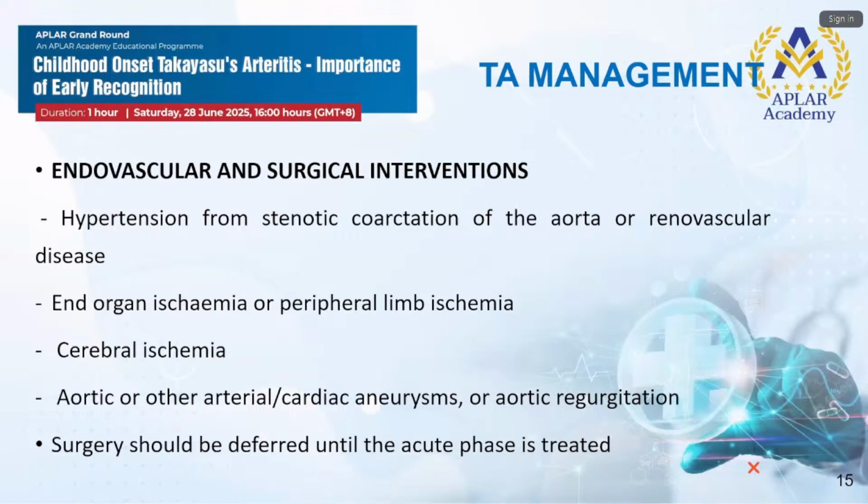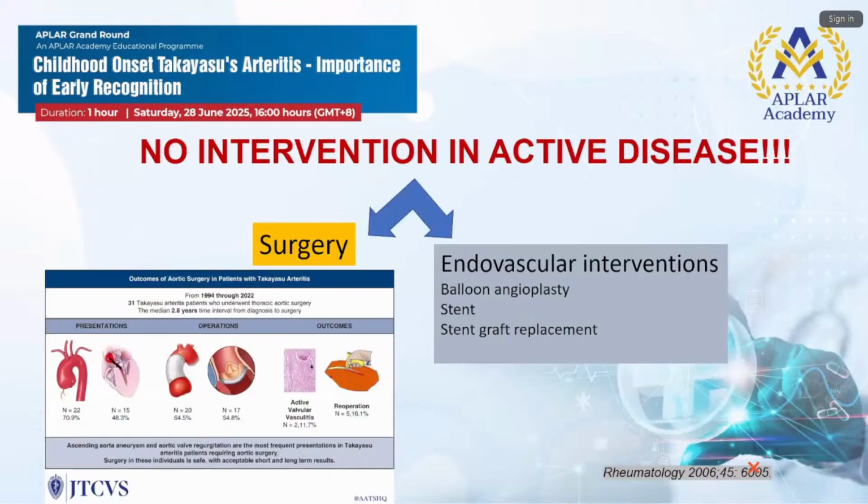Endovascular and surgical intervention in some cases in children is often required in aneurysm or dissection or renal artery stenosis, but no intervention in active disease.